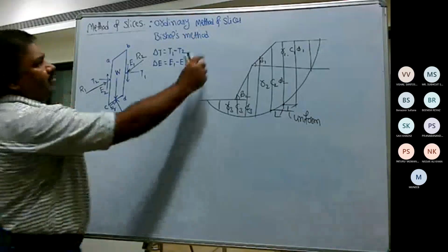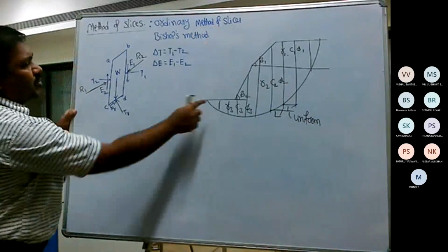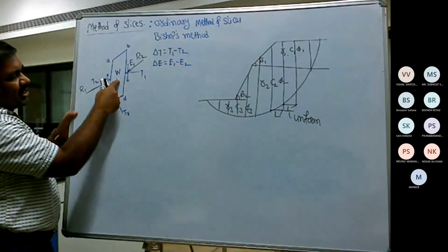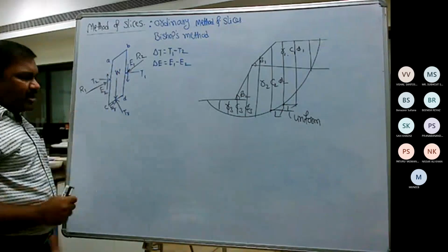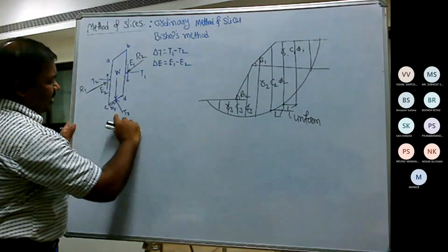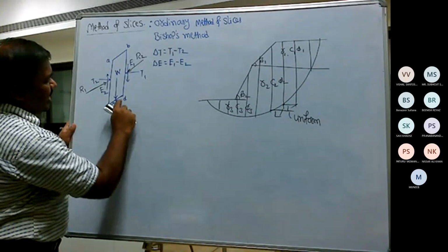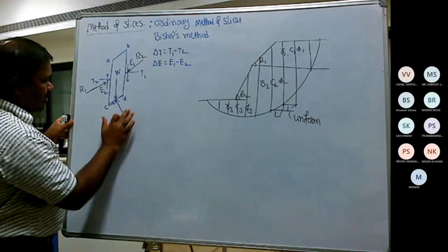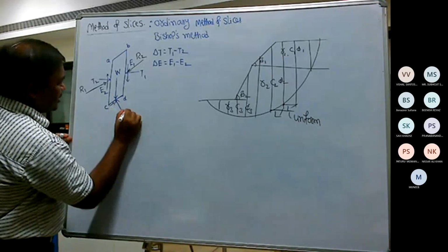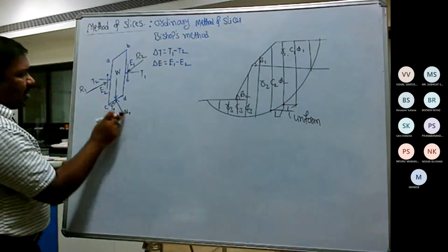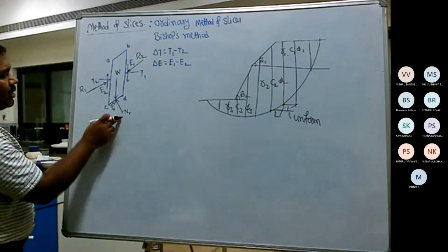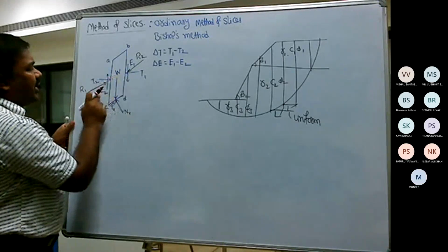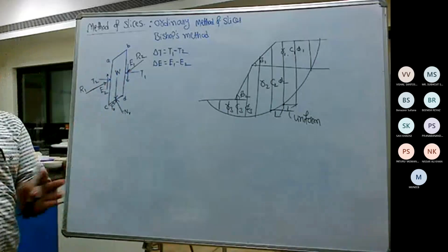In the ordinary method of slices, if I take the free body diagram of one slice, there acts the weight of the element A, B, C, D, and the reactive forces NR and TR at the bottom, and the side forces E1, E2, T1 and T2 on both sides of the slice.